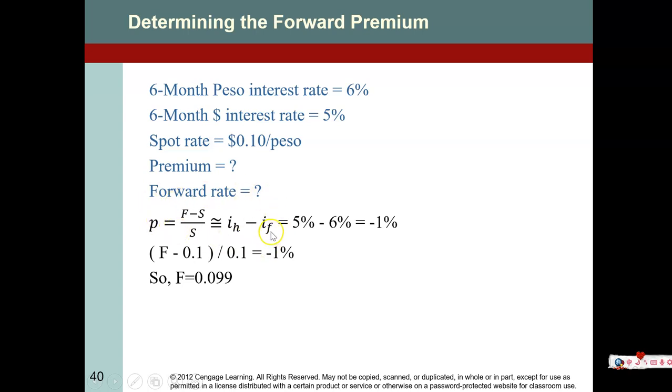First, IRP, or interest rate parity, means P equals IH minus IF. Secondly, the definition for forward premium means P equals F minus S divided by S.